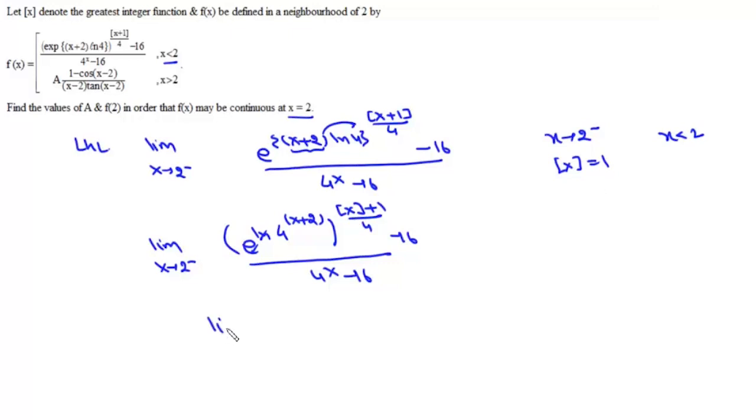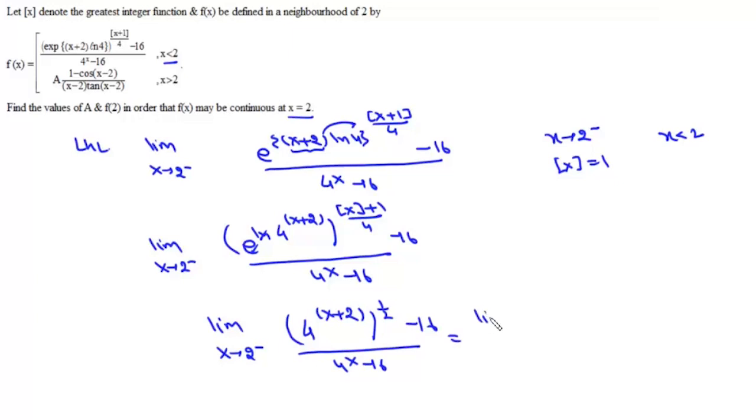So now it will be limit x tends to 2 negative 4 to the power of x plus 2 to the power of, now this is 1 plus 1, 2 upon 4 is 1 by 2, minus 16 upon 4 to the power x minus 16, which we can also write as limit x tends to 2 negative 4 to the power x plus 2 upon 2 minus 16 upon 4 to the power x minus 16.